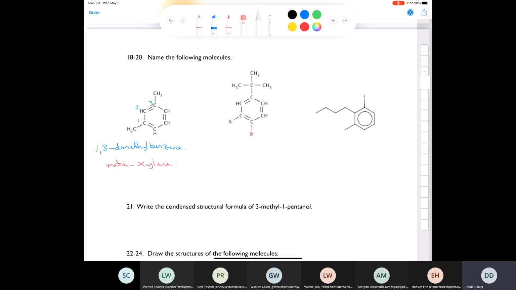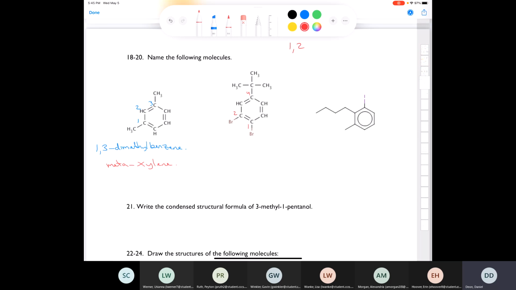All right, the next one, the parent chain in the next one is also a benzene. Take a look here. The longest carbon chain is 6 carbons, so it's some kind of benzene. Now, what we want to do is we want to number these substituents in such a way that we give them the lowest possible numbers. I could start at the top, 1, 2, 3, 4. Then I have substituents at carbons 1, 3, and 4 on my aromatic ring. However, if I start down to the bottom, 1, 2, 3, 4, then I have substituents at 1, 2, and 4.